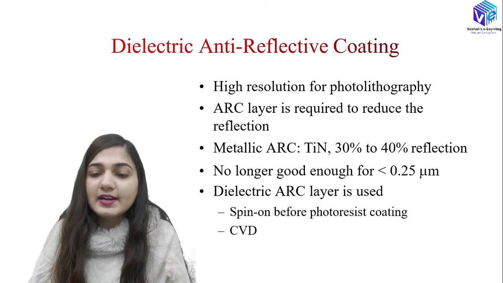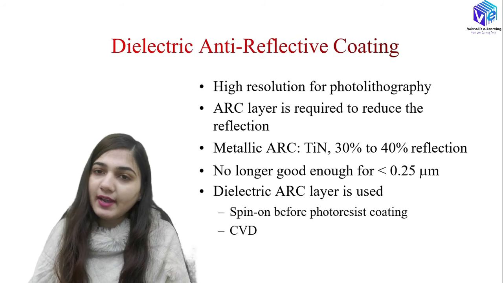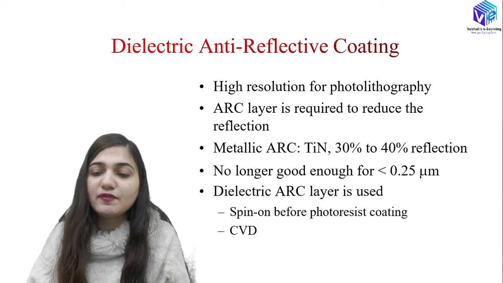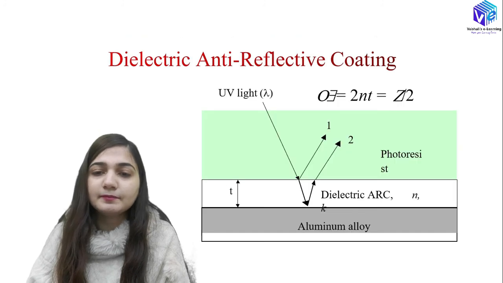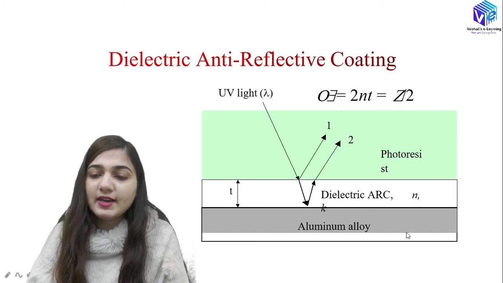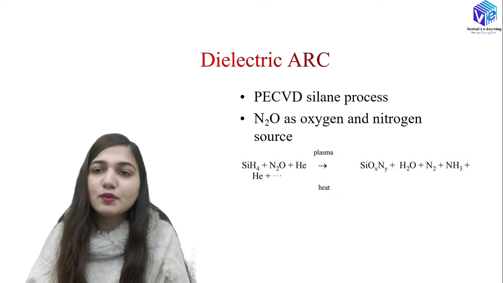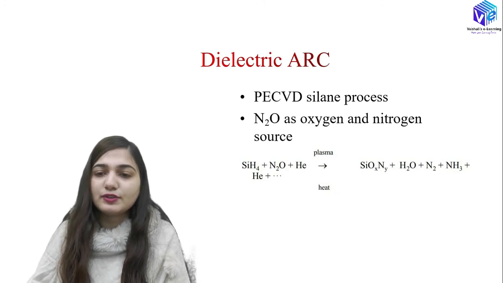The dielectric ARC layer is formed using chemical vapor deposition, or it is made with the help of spin-on before the photoresist coating. You can see here we have the aluminium alloy and the dielectric ARC. This is going to reduce the reflections so as to give me good resolution towards the photolithography.